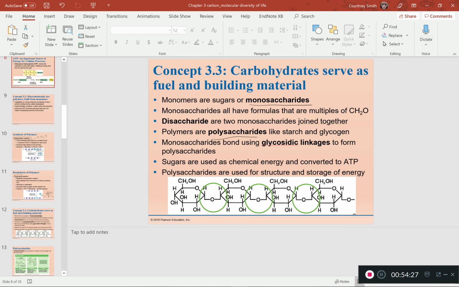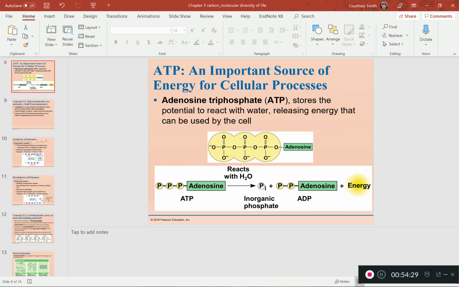So since I mentioned ATP again, I do want you to know what ATP generally looks like. We'll have adenosine, and then you'll have 3 phosphate groups. Okay? And then with ATP, the way that we get energy from ATP is by cleaving, meaning that we pop off a phosphate group.